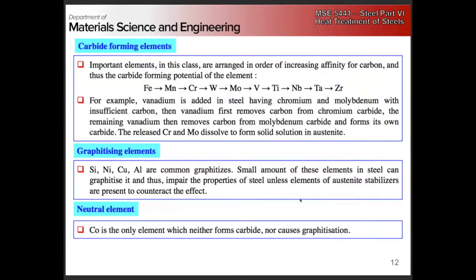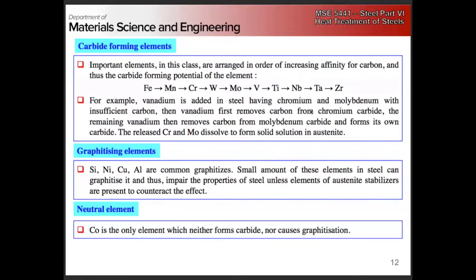So this is arranged by increasing affinity for carbon, right? So zirconium, very strong carbide former. The iron matrix itself is a relatively weak carbide former, right?